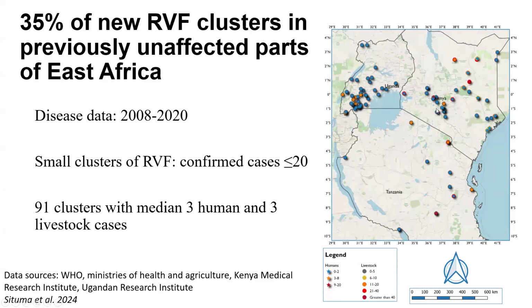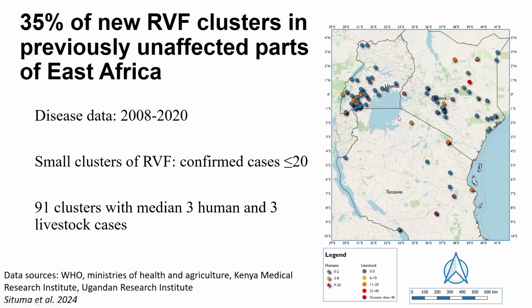So we looked at RVF data for small clusters of this disease, not epidemics, that have been observed from 2008 to 2020. For each cluster, there are on average about 3 animals and 3 humans that were impacted. We got these data from various different sources.